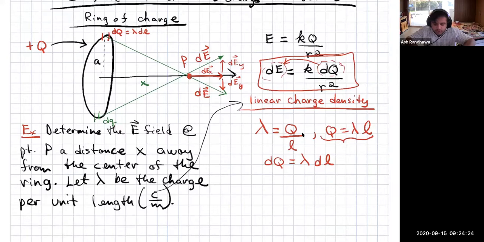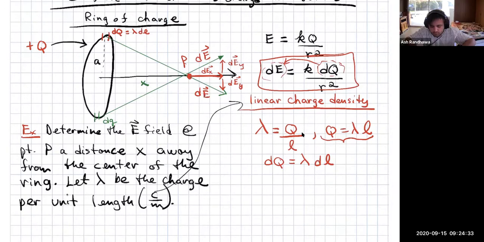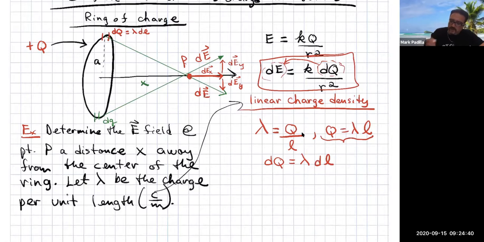Just like the problem we did earlier, but now this is an object. This is our r, and that's totally symmetric. All we have to do is look at one part of it. Call that theta. Everything is symmetric, so this would be theta, and that would be theta.